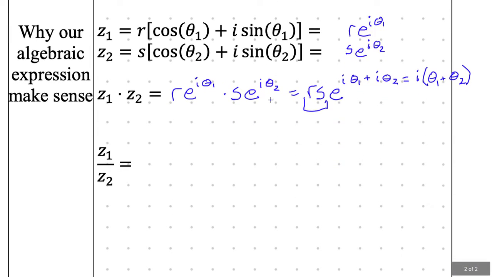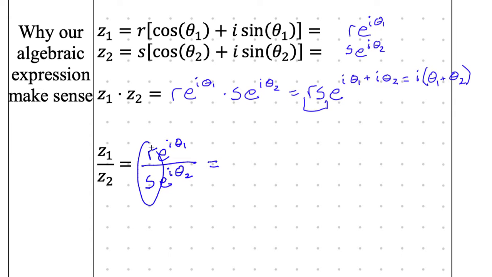All right, really quickly, we can do this. Z1 divided by Z2 is going to be r e to the power of i theta 1, all of this divided by s e to the power of i theta 2. I need someone else, after finishing writing this down, to tell me what this is equal to in Euler's form, in our condensed form.